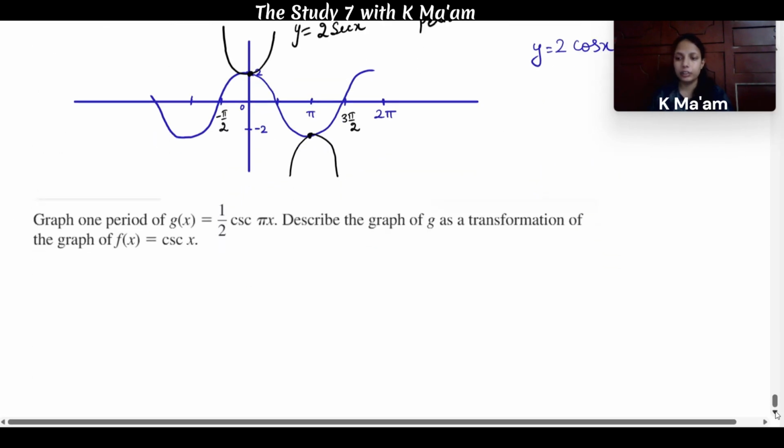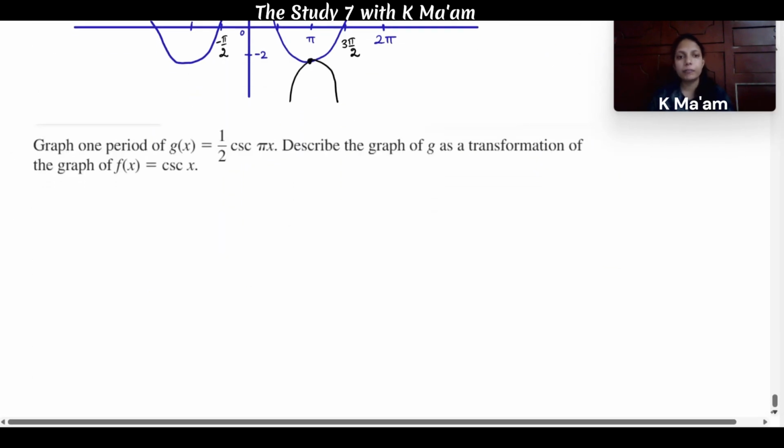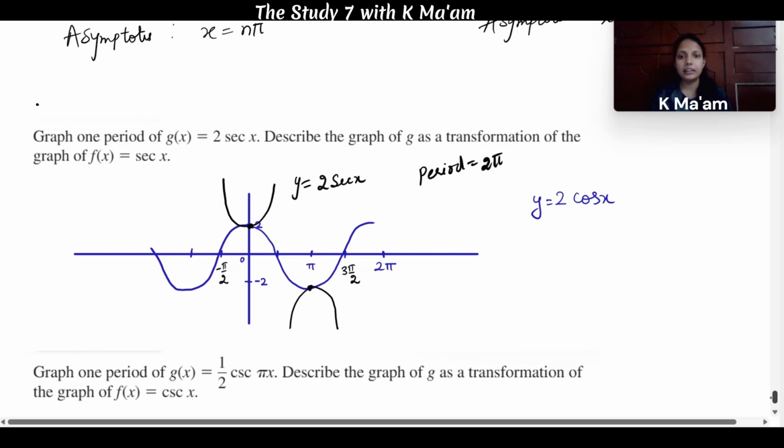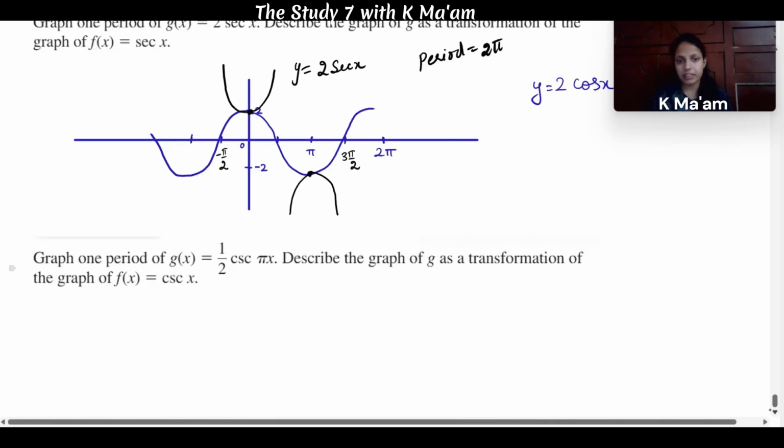Okay, next question. We have to graph d(x) equals 1 by 2 cosecant of pi x. Can you tell me the transformation? In the last question, the transformation is a vertical stretch by factor 2. Here, what is the transformation? Vertical shrink by factor 1 by 2 and horizontal shrink by factor 1 over pi. So let's start drawing. I am now drawing without reference of sin x.